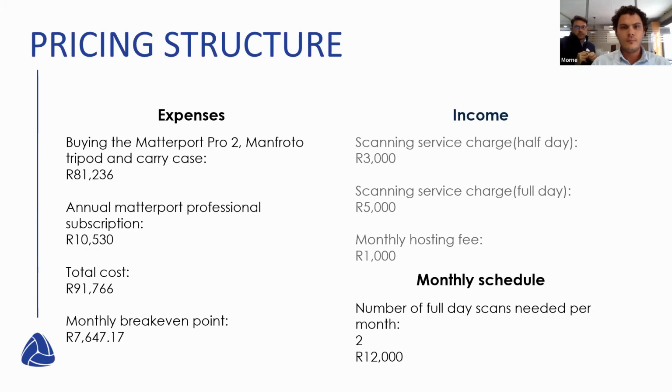And then the annual Matterport professional subscription that Monet spoke about is the one for $69 a month, or annually that's 10,000, like you said there. So it's up to you. It's 1,000 Rand a month to host 25 spaces, but Monet will go into more detail with that later on, and we'll also give a breakdown on that.